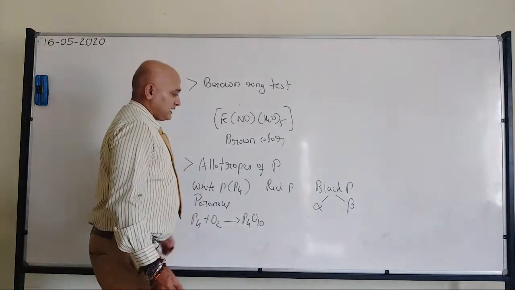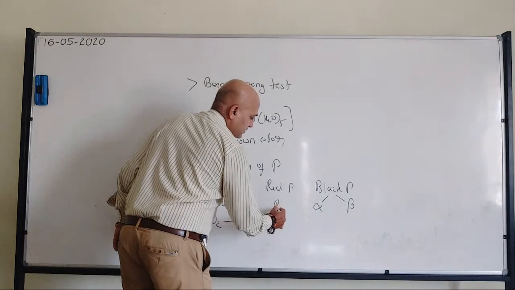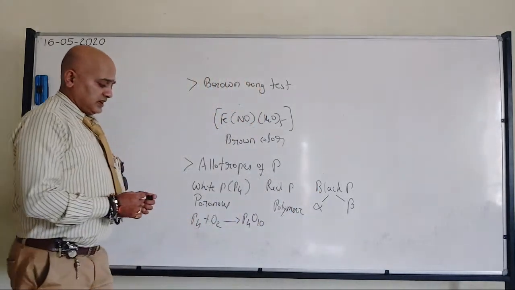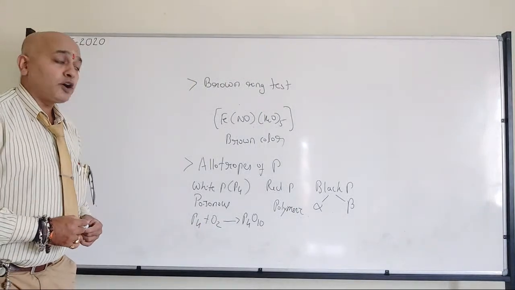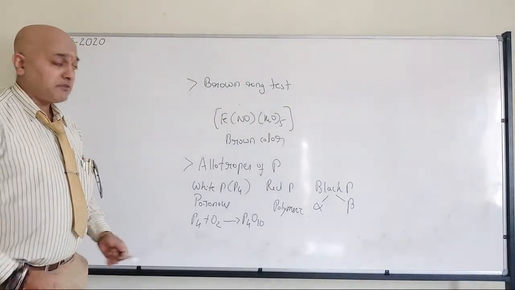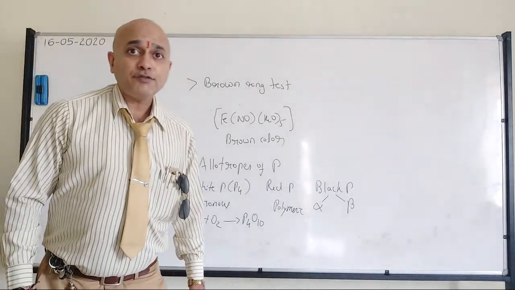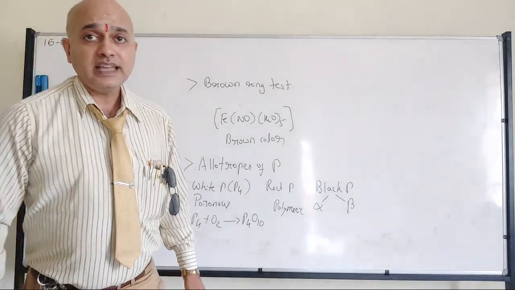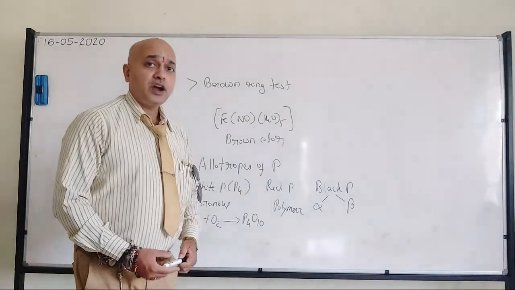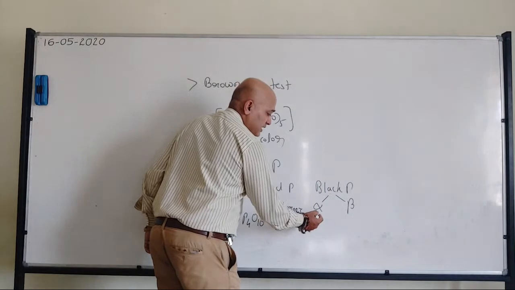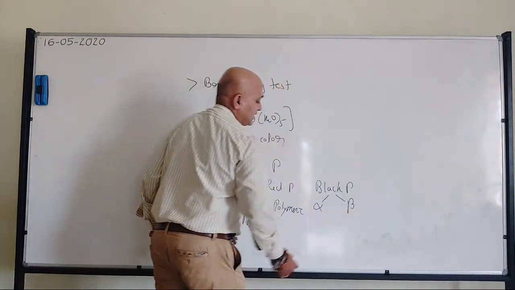This is the molecular formula, and the empirical formula will be P2O5, therefore it will be called phosphorus pentoxide, right? So that is one thing. When it comes to red phosphorus, it is polymeric in structure, and it will be derived from white phosphorus only. When white phosphorus is heated, then only there will be formation of red phosphorus. Then comes black phosphorus, where we have alpha and beta.